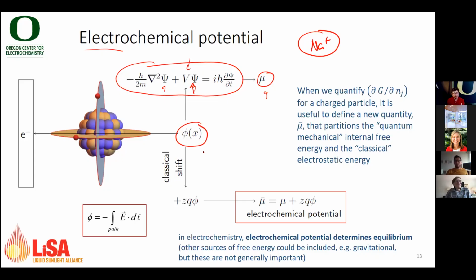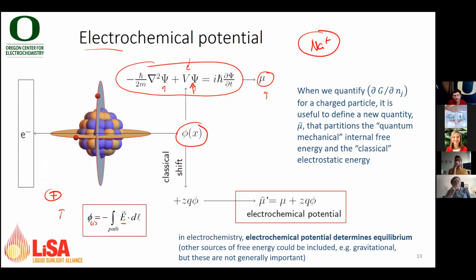In physics, you learn about electrostatic potential, and you might say, I have a positive charge, what does the electrostatic potential look like? You take a test charge infinitely far away and integrate over the field along the path as you move towards the charge. This gives you electrostatic potential as a function of R. So this is a classical electrostatic potential.